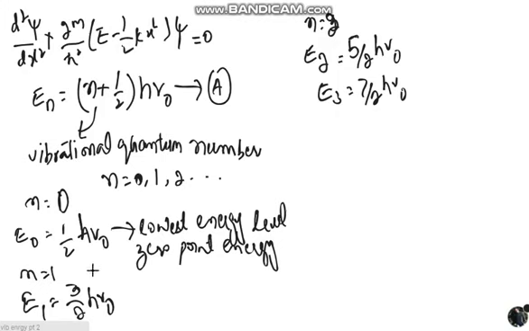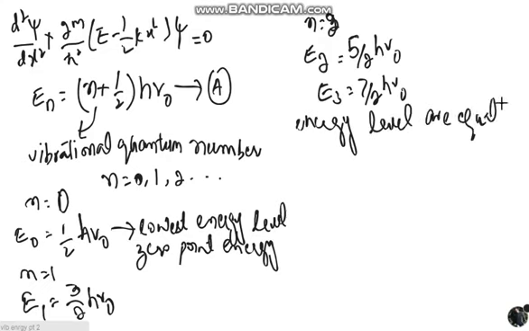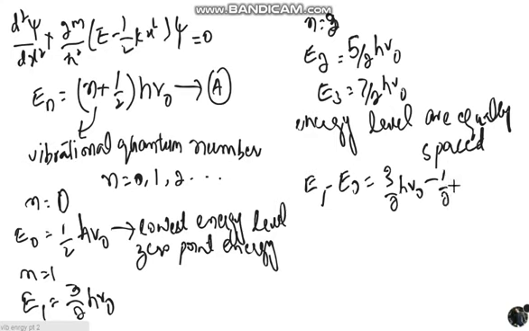From the values of energy, that is E naught is equal to 1 by 2 h mu naught, E1 is equal to 3 by 2 h mu naught, E2 is equal to 5 by 2 h mu naught, you can see that the energy levels are equally spaced. We can also find it: E1 minus E naught is 3 by 2 h mu naught minus 1 by 2 h mu naught, which is equal to h mu naught.